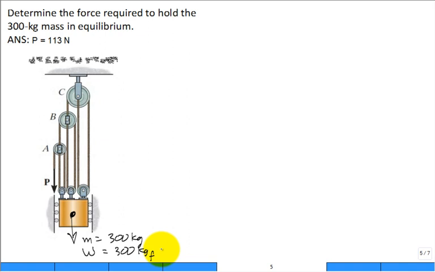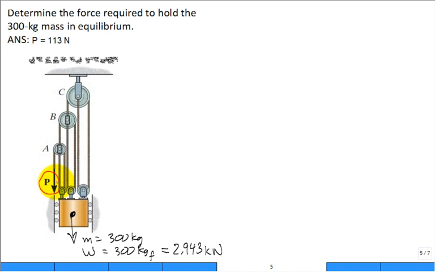And that's very consistent out there in the literature. Or you take 9.81 and you multiply it by 300 and you get how many? 2.943 kilonewton. Okay. So you're going to hold it by pulling this rope down right here.